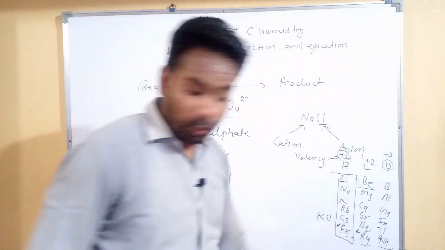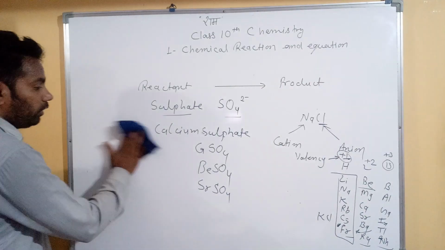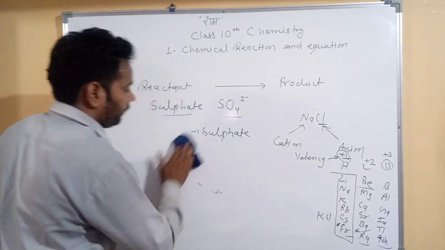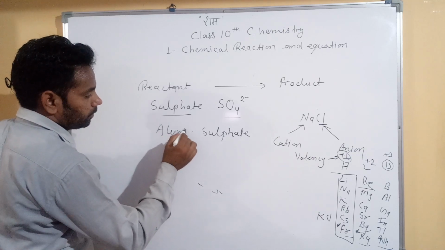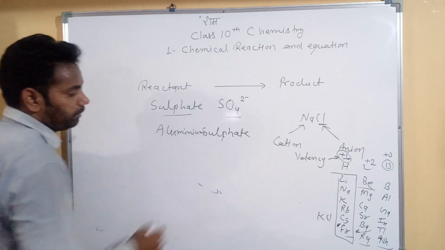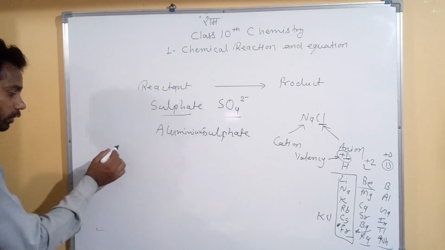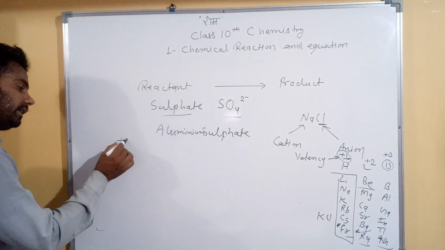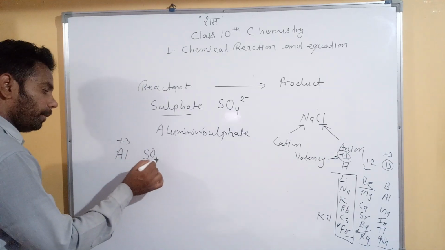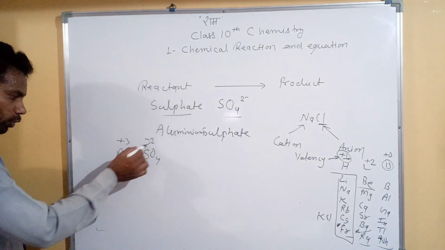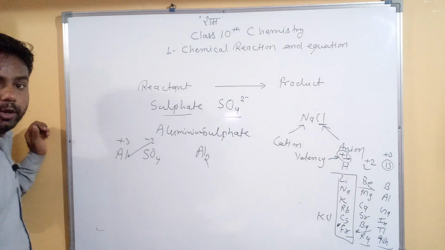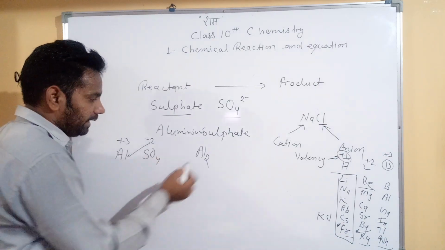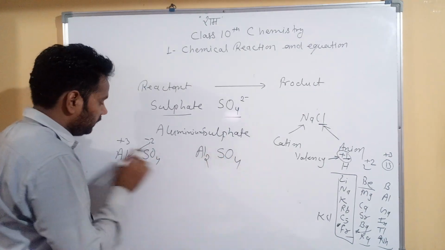Again, we have one more group. Suppose I want the formula of aluminium sulfate. Al is +3 and SO4 is -2. So put Al2, then SO4 has 3.